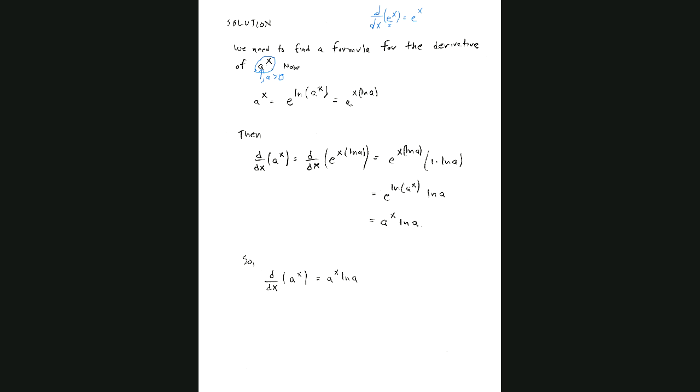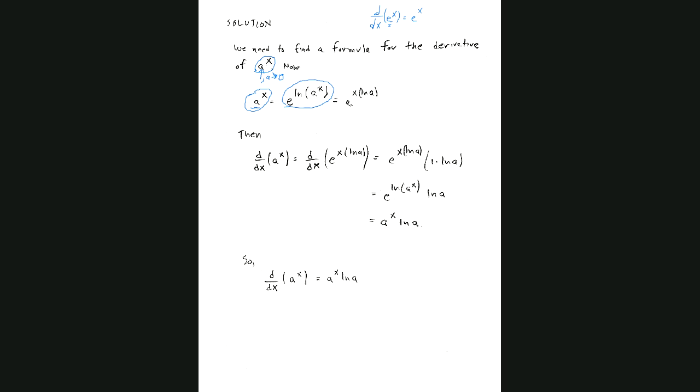The way we're going to get this derivative is we're going to rewrite a to the x power in terms of the base e. If you take e to the log of a to the x power, that's just going to equal a to the x power. Why would you want to do that?